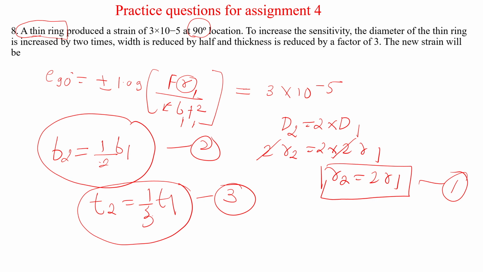Now just what it is asking, the new strain will be. New strain means E2. So E2 is the same formula, plus or minus 1.09 into F into R upon EBT square, but here it will be R2, B2 and T2.